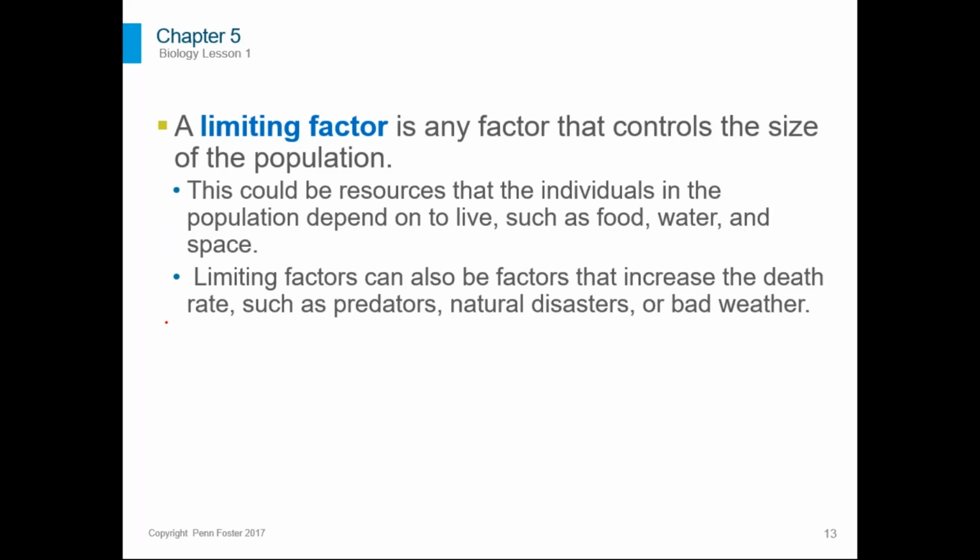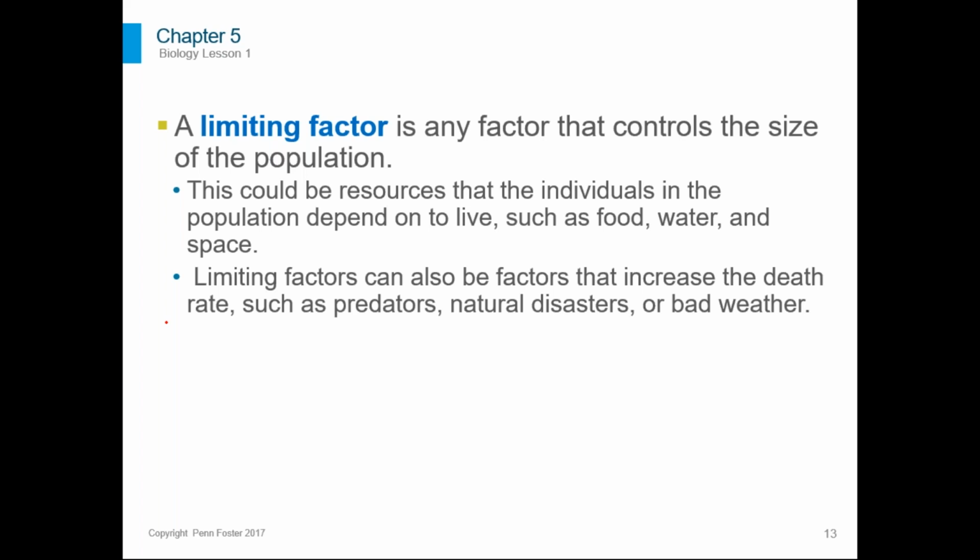So in the previous section, we mentioned limits on resources that limit population size. And in this section, we're going to explore these limits. A limiting factor is any factor that controls the size of the population. And there are different kinds of these. These could be resources that the individuals in the population depend on to live, such as food and water and space.